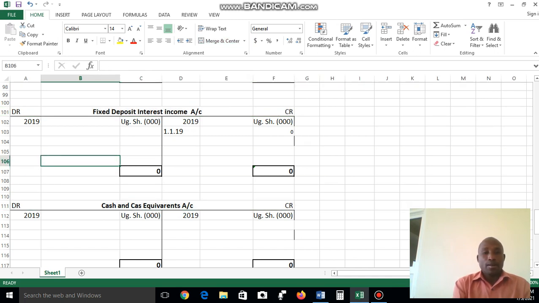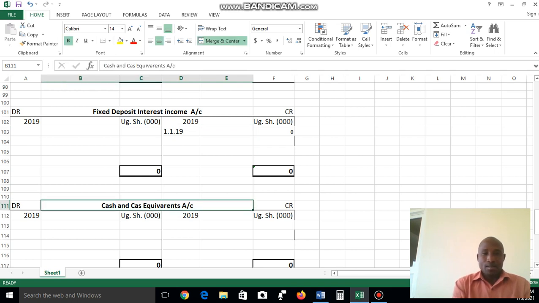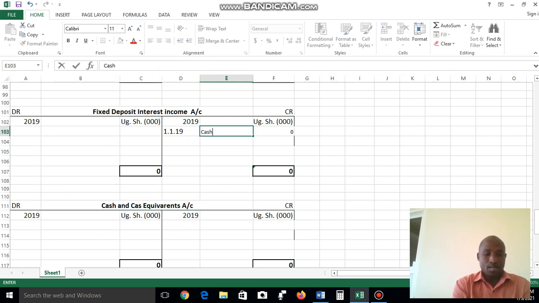So now we are going to recognize this income on this side. So we shall say cash and cash equivalents.